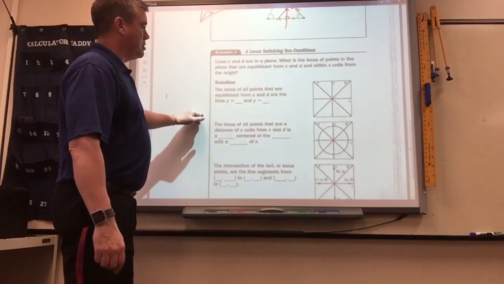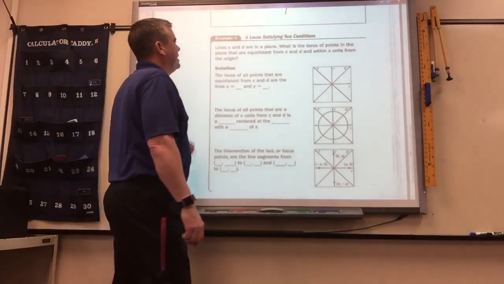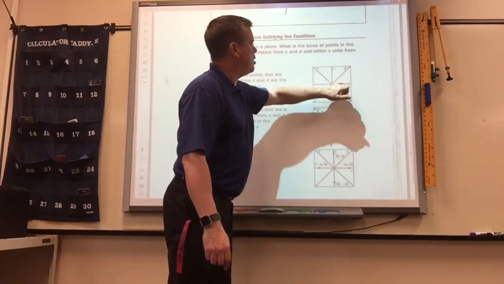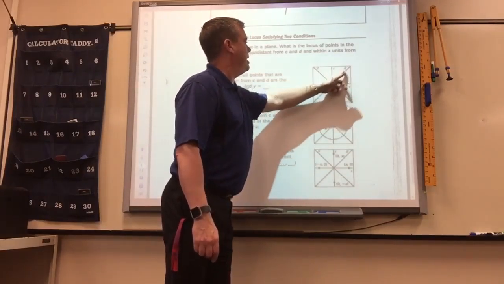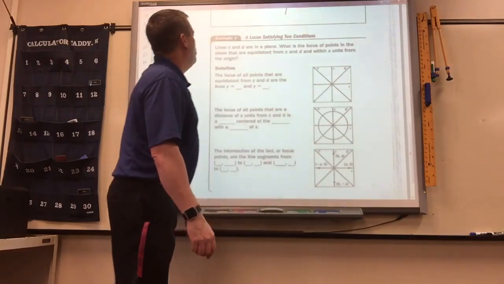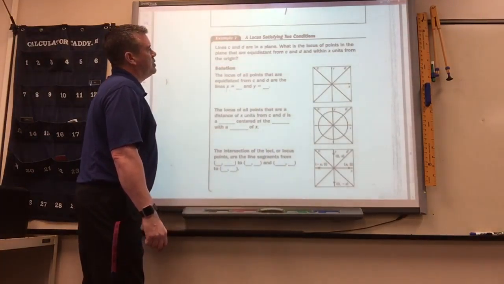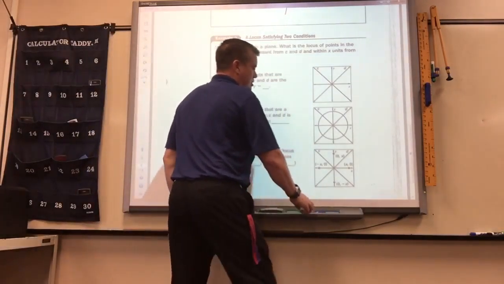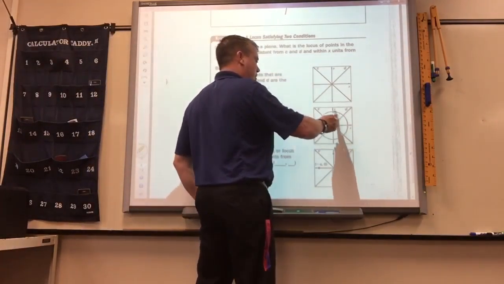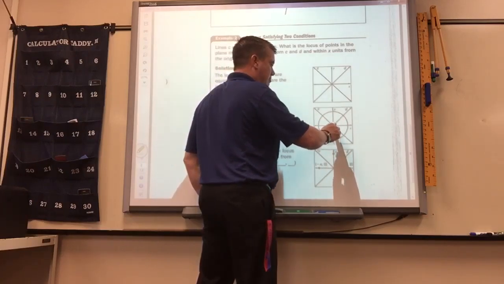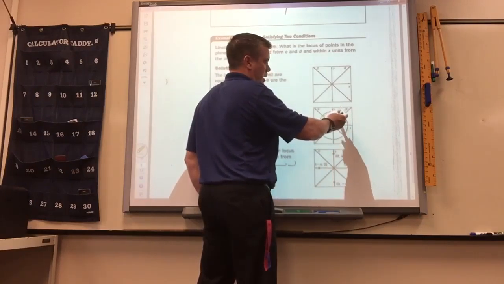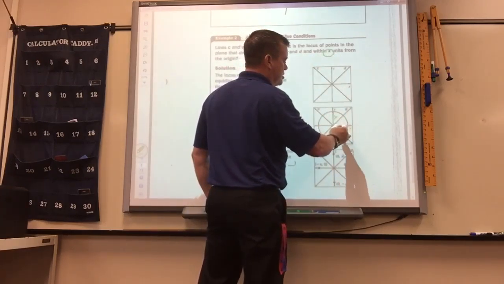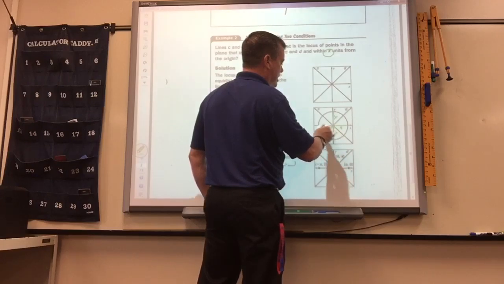Okay, here they went through it. This is a more complicated one. Lines C and D are in a plane, and they drew them. There's an XY coordinate. They drew them at a 45-degree angle. What is the locus of points that are equidistant from C and D within X units? So what they did is they drew a circle, and from here to here is, they don't know what, so they just called that X. And this is also X, and that's also X, and that's X, right?